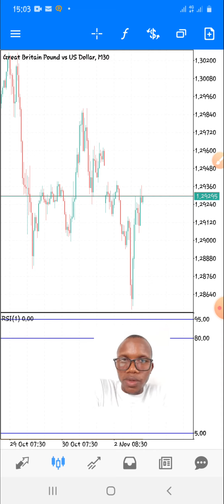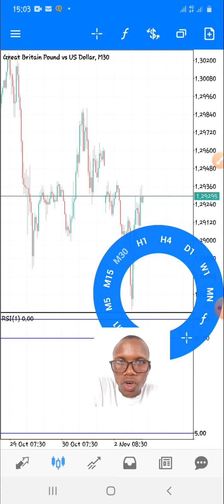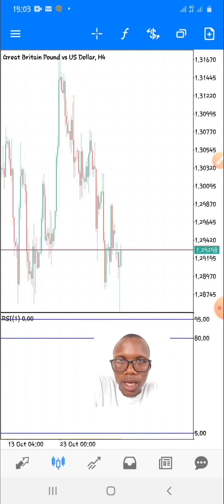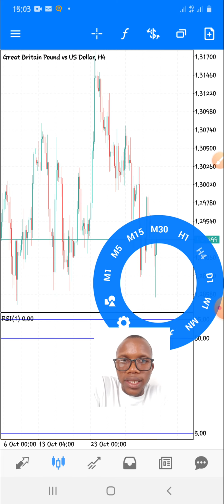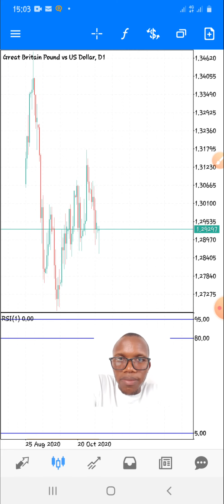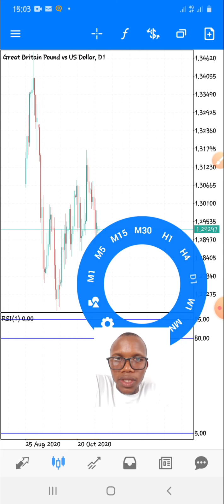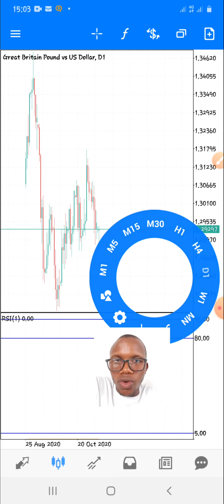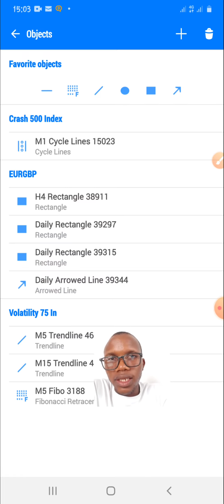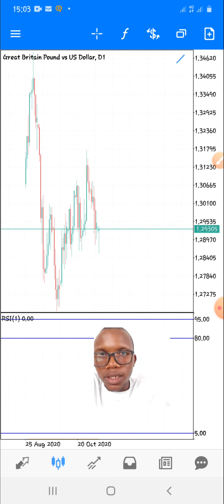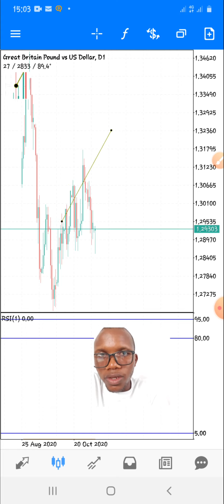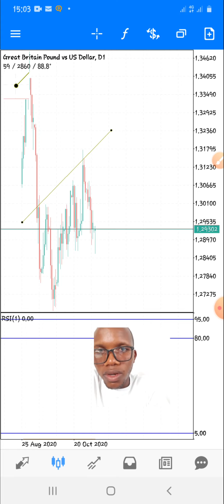We'll start by drawing the trend lines. Mostly I use the 4 hour. Okay, let's start on the daily time frame. You see, on the daily time frame, let's draw our trend lines. That trend line can be here. Okay, we need to modify it. It is very, very small.